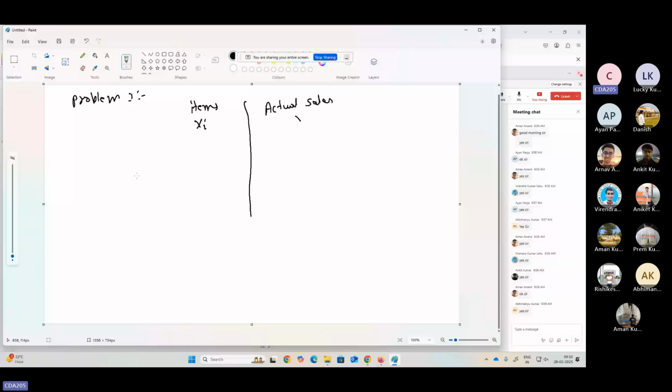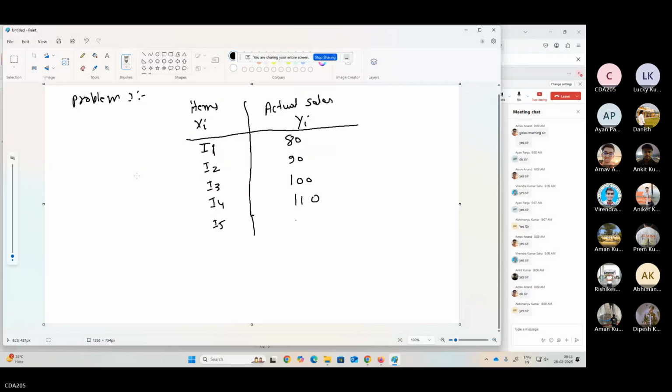These two terms are given. So we have I1, I2, I3, I4, and I5. Similarly, we have the values for these: 80, 90, 100, 110, and 120.